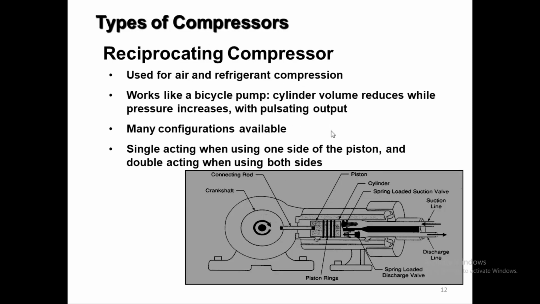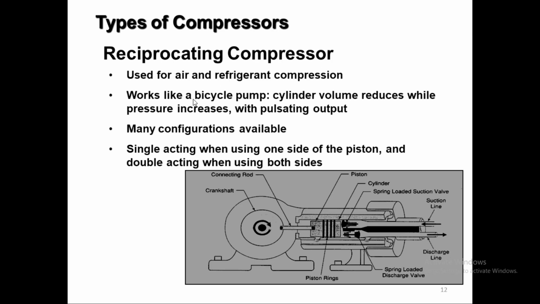So this is a sketch showing how the reciprocating compressor works. And I will try my best to show you a video also during this lecture, so you can understand how a reciprocating type compressor works. Basically it works the same way as a piston cylinder engine works.